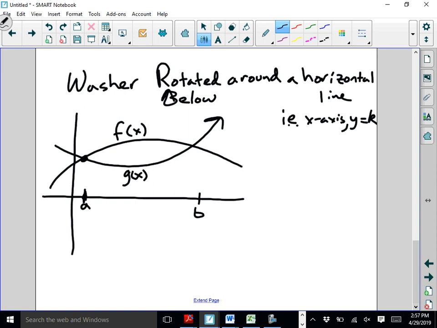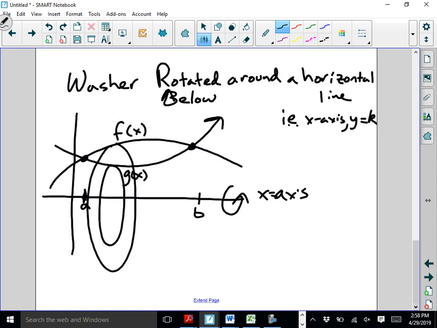So first off, let's look at it rotated around the x-axis. If we revolve this thing around the x-axis, we notice it's going to have a hole in the middle. It's going to be hollow, right? Going to have a rotation like this and a rotation like this. The big radius will be f of x, while the little radius is g of x.